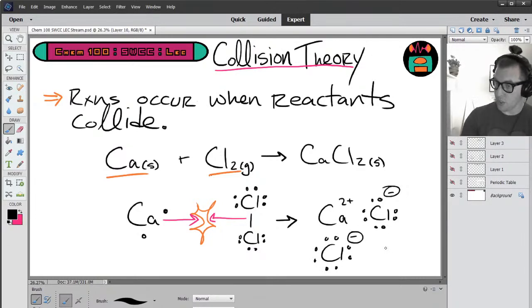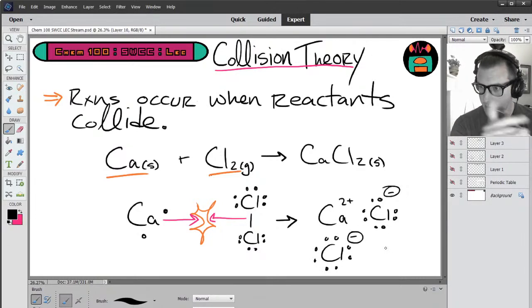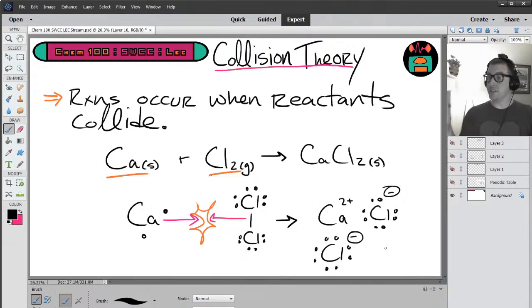All right, so it makes sense so far. There's a catch, though. You're like, why doesn't it just happen? Well, one, chlorine's in the gas phase, calcium's a solid, so we actually have to wait for a chlorine molecule to ricochet off the solid surface for that reaction to happen.